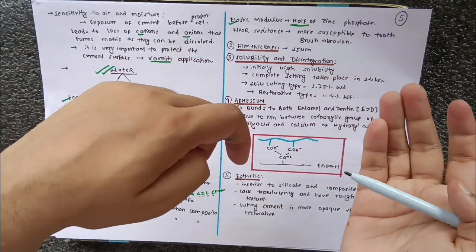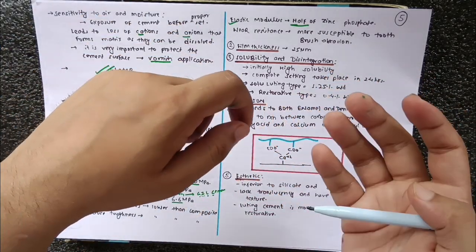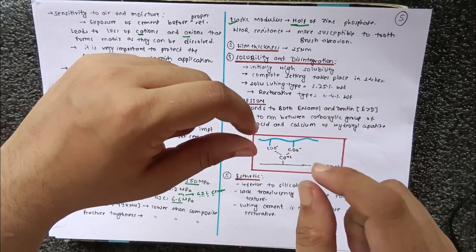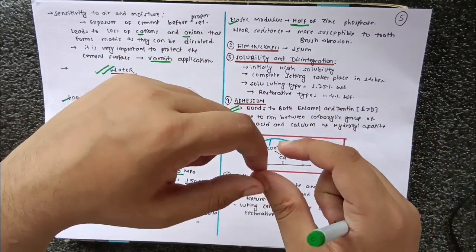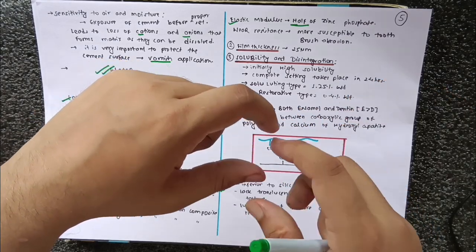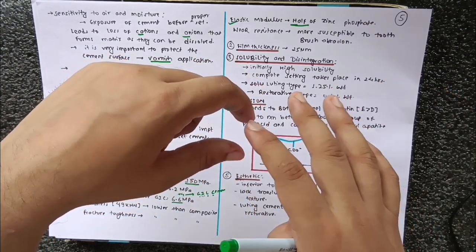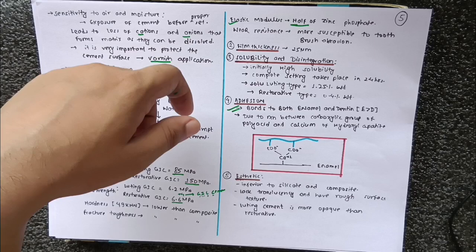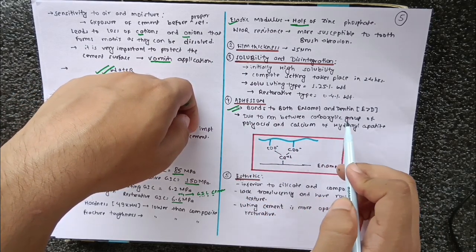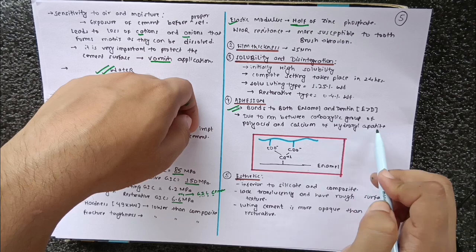Why it bonds better to enamel than dentin is because in the enamel there is a presence of a larger mineral component. So there is a larger amount of calcium in comparison to the dentin, so there can be a lot more cross linking in the enamel, but not so in the dentin, so there is better adhesion. Similarly, it is due to the reaction between the carboxylic group of the polyacid and the calcium of the hydroxyapatite.